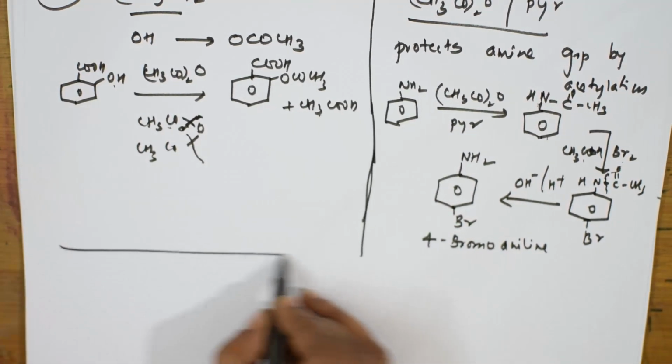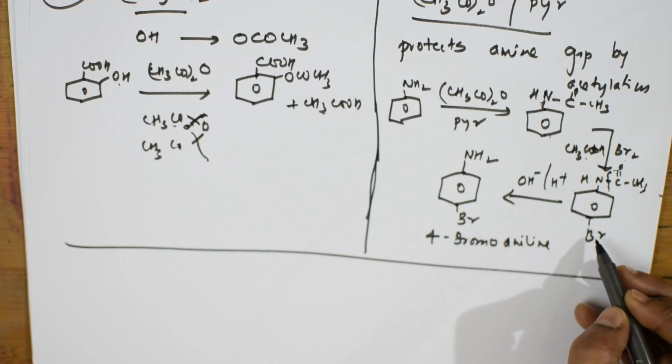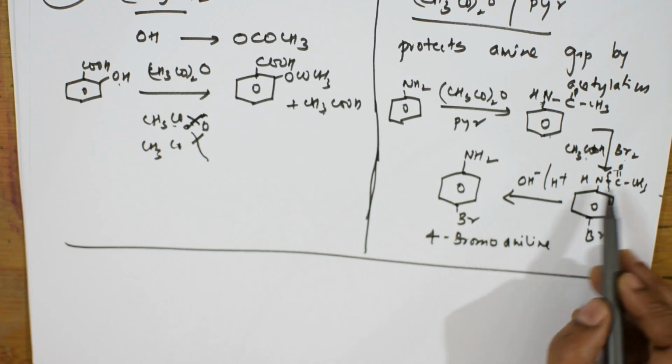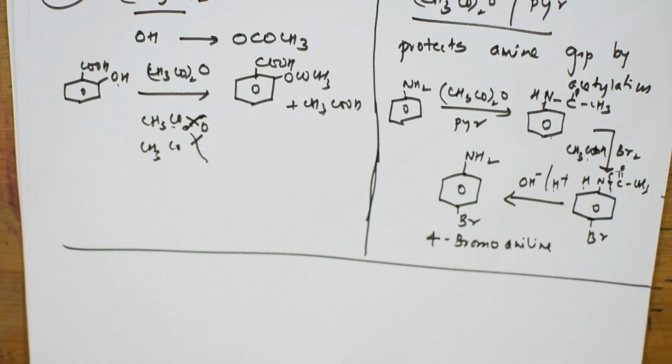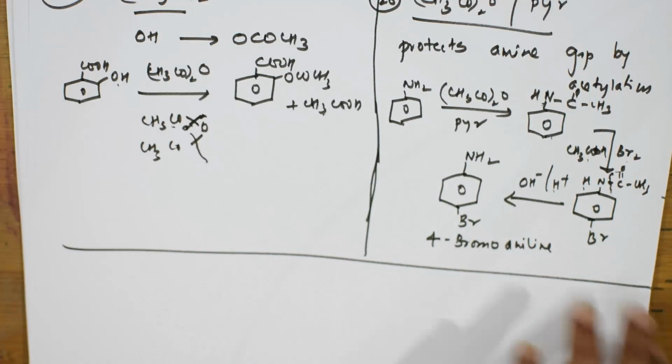This is the product, right? Just see here. Bromo group is here. There is a cleavage of the bond. H goes and adds here. CH3COOH comes out with this OH. With this OH, the acetic acid comes out. So this is the reagent, students. So this is the 26th one. Remember this. Done. Let's see one more.